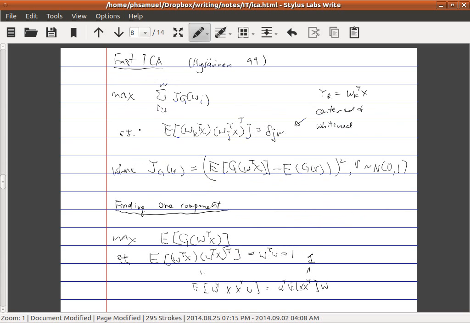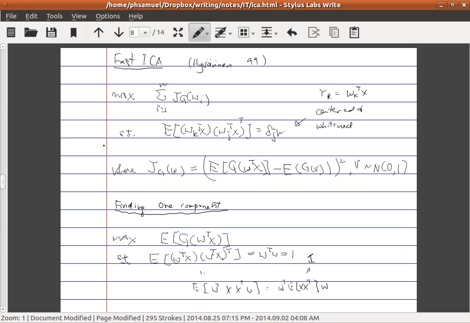Now let's get into the real algorithm here, the FastICA. It was introduced by Hyvarinen. I really don't know how to pronounce his name. He's a Finnish researcher, and it's work he did in 1999, I believe.